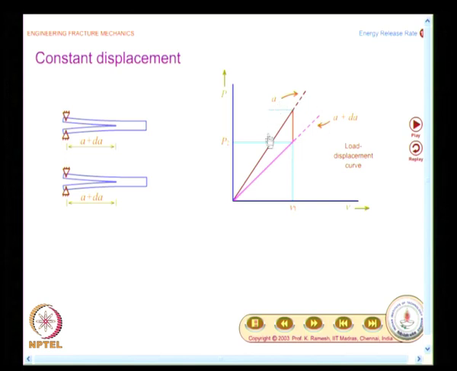Here again we will find out what way the strain energy changes. So, we will look at what is the final strain energy, we will look at the initial strain energy and comment what happens to the strain energy in this case.